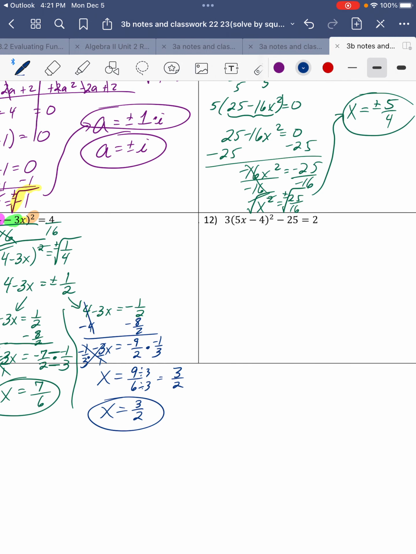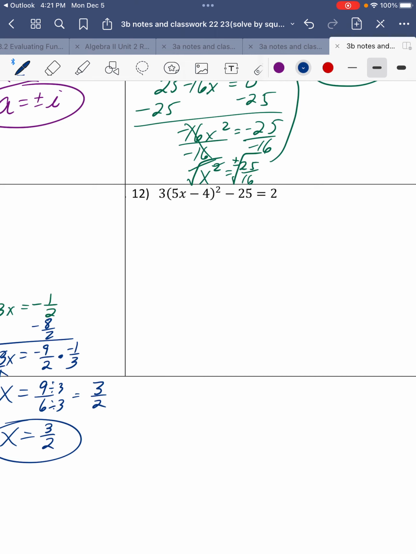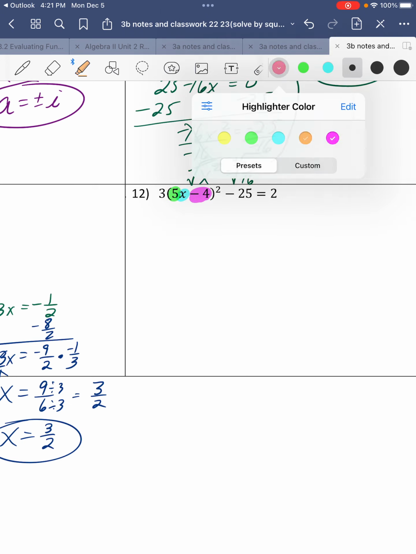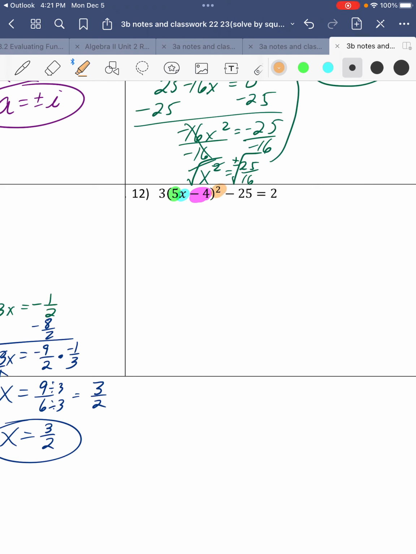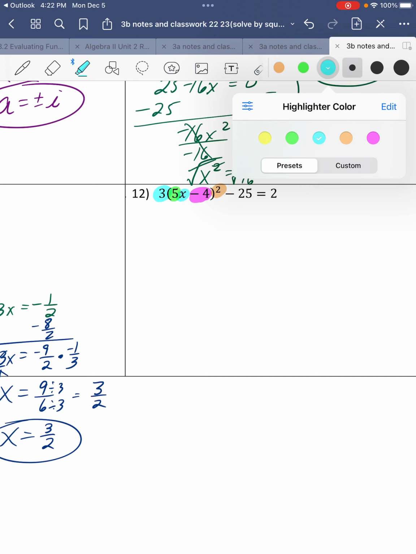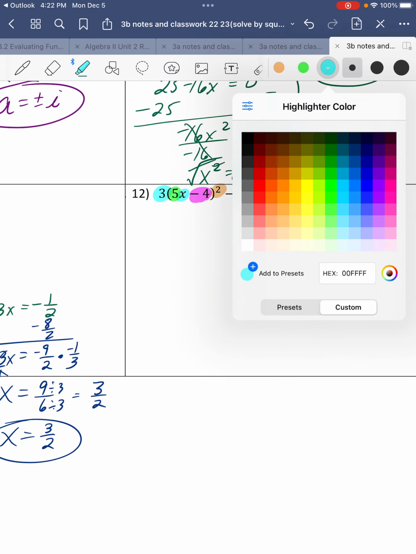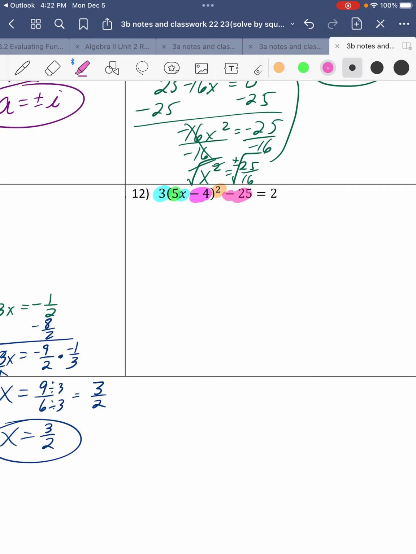Number 12, done very similarly. Order of operations from the x would be to multiply by 5, then subtract 4, then square, then multiply by 3, and lastly, I ran out of colors, let's choose this, we would subtract 25. So I need the reverse order of operations.